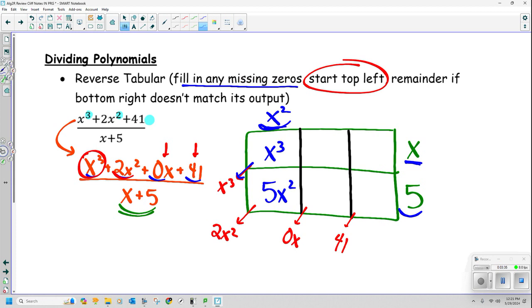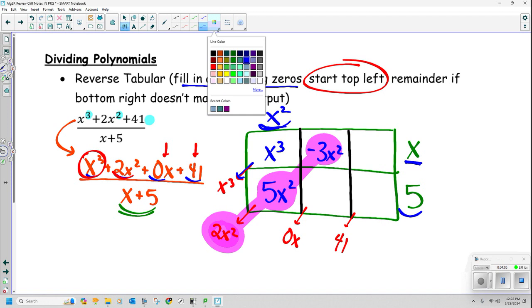The numbers on the inside all add together. The reason we do these out of the bottom left corner is because this should combine with this to output my 2. If I have 5x squared and I want 2x squared, that means I have to have negative 3x squared that combine. So the insides always add, the outsides multiply.